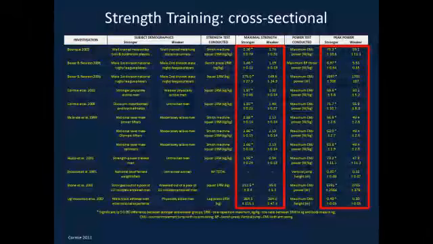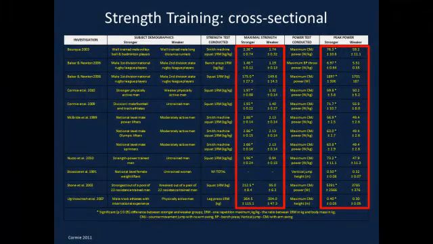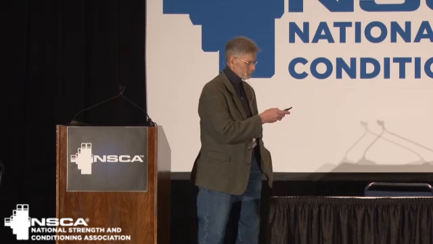In this study, they did a meta-analysis of various studies looking at the 1RM squat and its improvement and their improvement in sprinting. And again, you see here strong correlations between the improvement in the squat and the improvement in the sprint in terms of effect size.